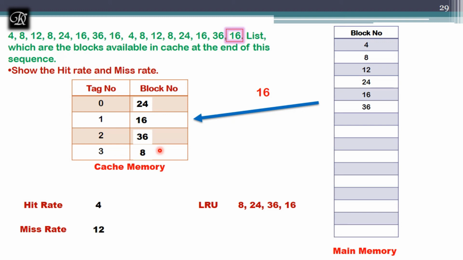But the disadvantage of associative mapping is that we need more comparators to check with the cache. So the hardware requirement for associative mapping is more compared to direct mapping. Direct mapping is simple, and the hardware requirement is less.